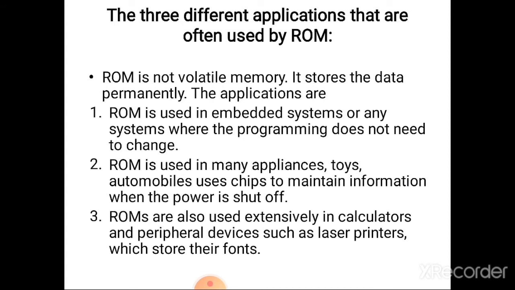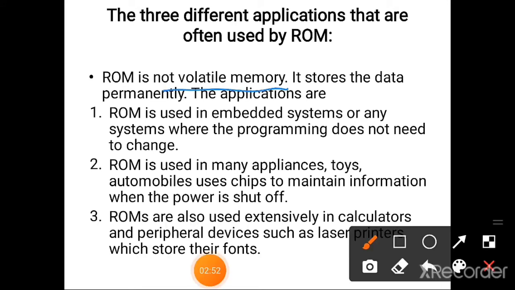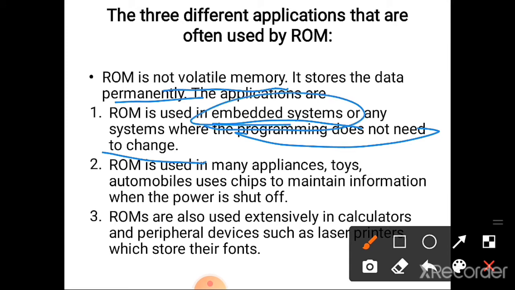And there are mainly three different applications that are used by ROM. First, it is non-volatile memory and it can store the data permanently. The main applications are in embedded systems or any system where the programming does not need to change. It is also used in some appliances, toys, automobiles, etc. It uses chips to maintain information when the power is shut off.